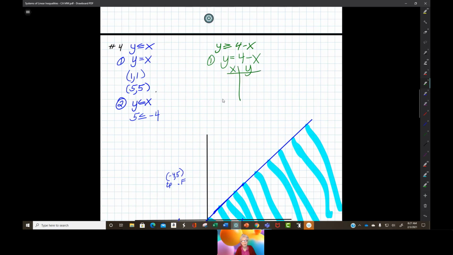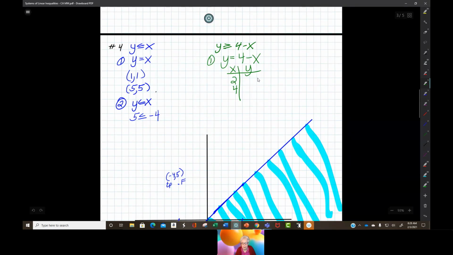How about 0 and 4? Or I always use 0, don't I? How about 2 and 4? I do prefer positive numbers just because they're easier. I could have made it -2 and -4, or -2 and +4, or any numbers I want. So make them as easy as possible.